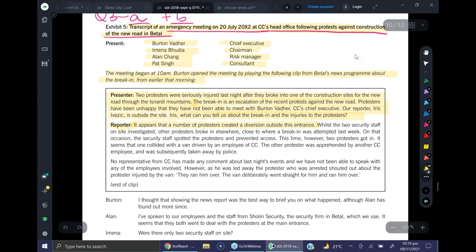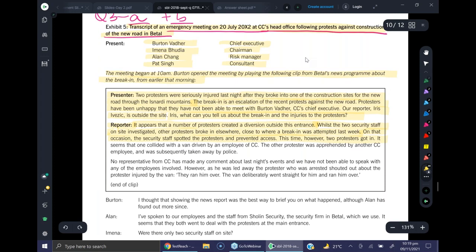While the 2 security staff on site investigated, other protesters broke in elsewhere, close to where a break-in was attempted last week. On that occasion, the security staff spotted the protesters and prevented access. This time, however, two protesters got in.